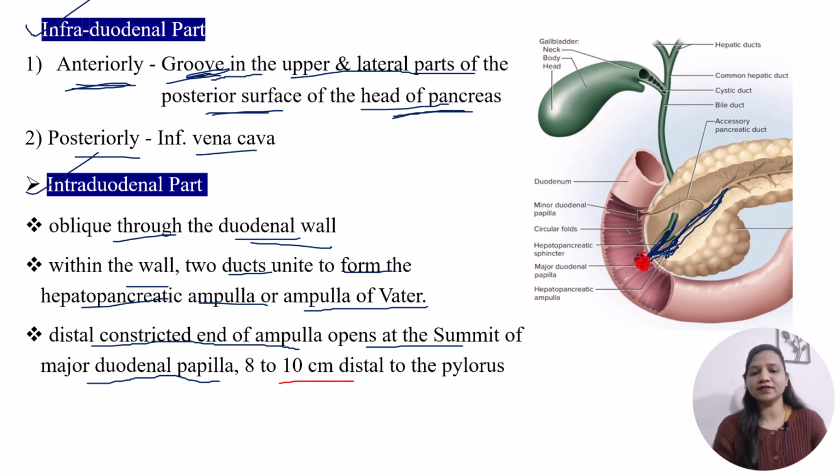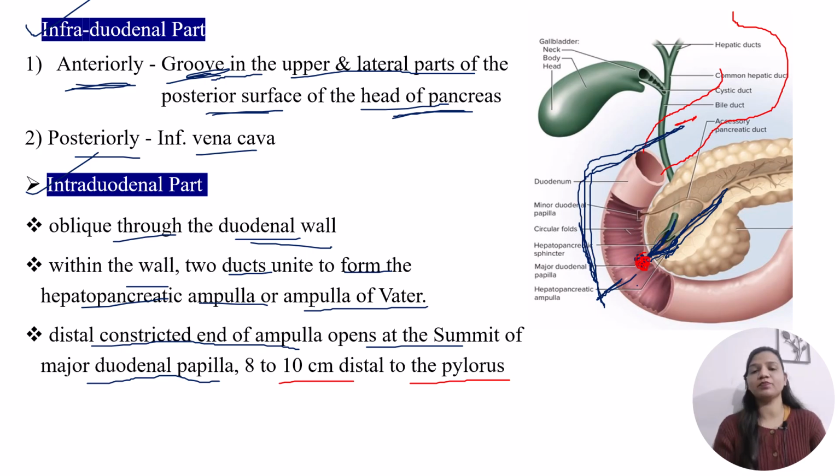And this major duodenal papilla is 8 to 10 centimeters from the pylorus. So suppose this is the pylorus of the stomach. From this pylorus, this major duodenal papilla is 8 to 10 centimeters. Okay, so why is this measurement important?